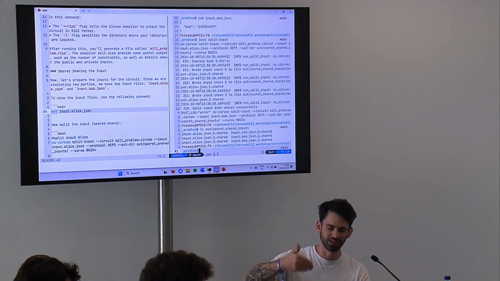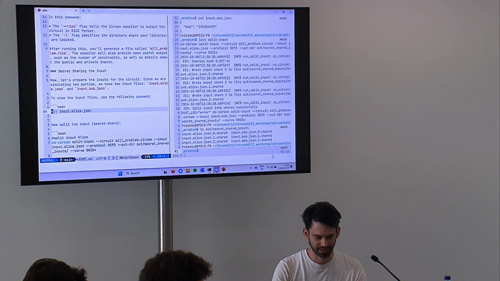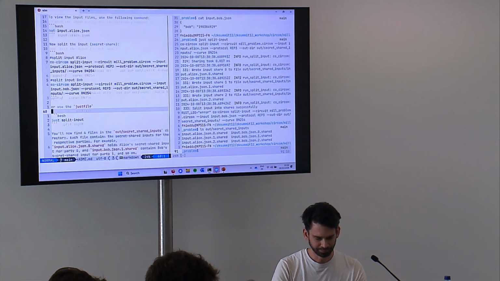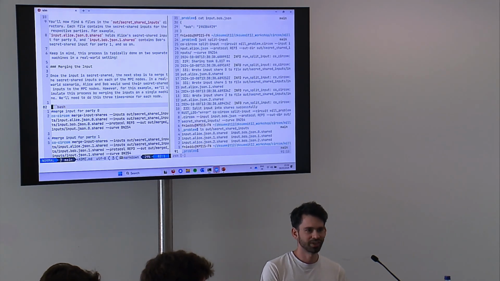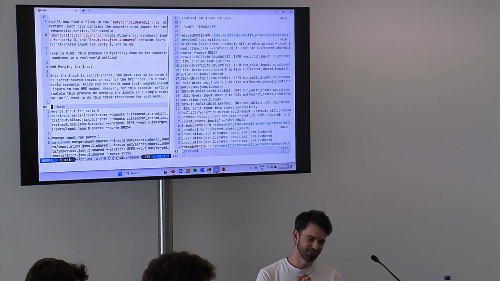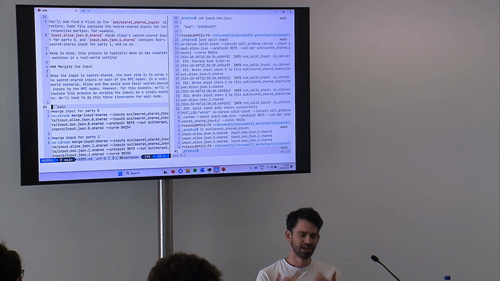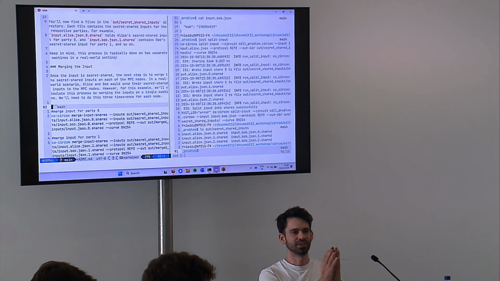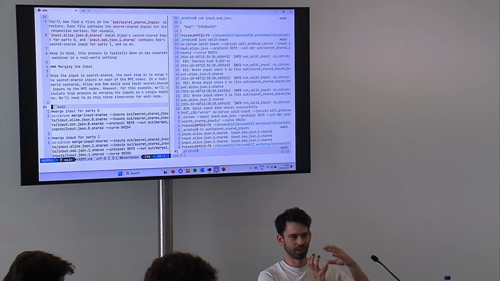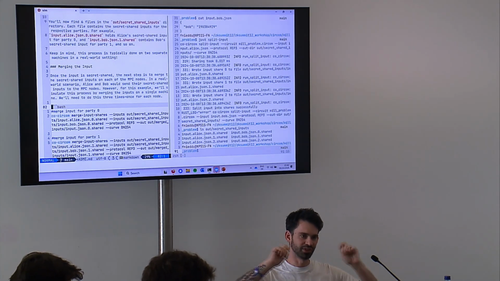In a real setting, Alice would send the shares to the respective parties, and Bob would do the same. What we have to do now is maybe a little bit counterintuitive at first, but as we are using the Circom toolchain, we're using the Circom compiler also. So they need to get their input in a specific way, such that usually you have Alice and Bob in the same JSON file, but now they get it from different sources.